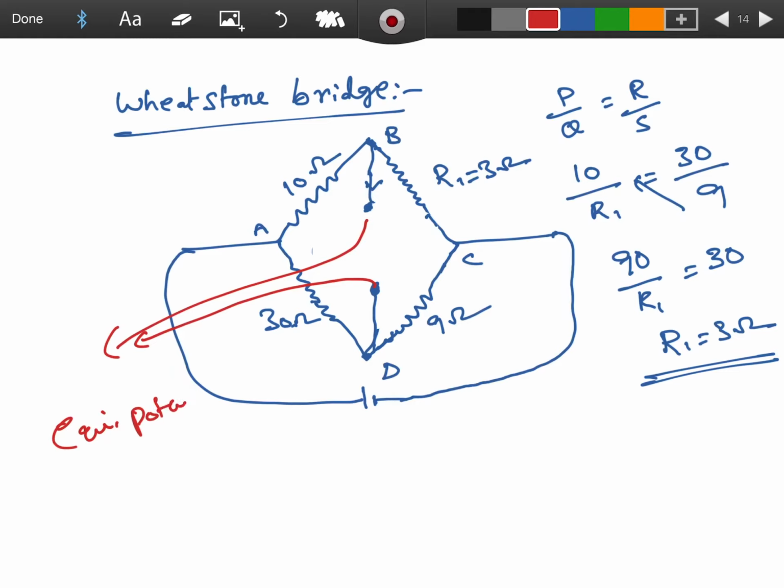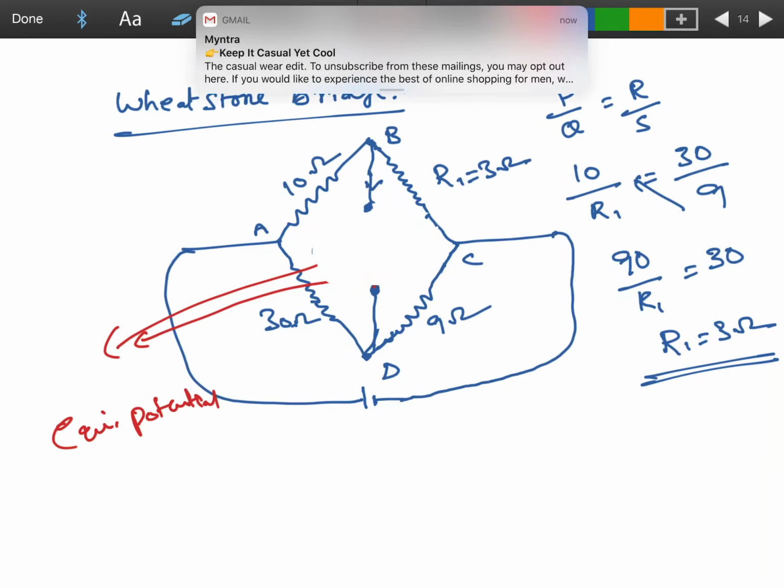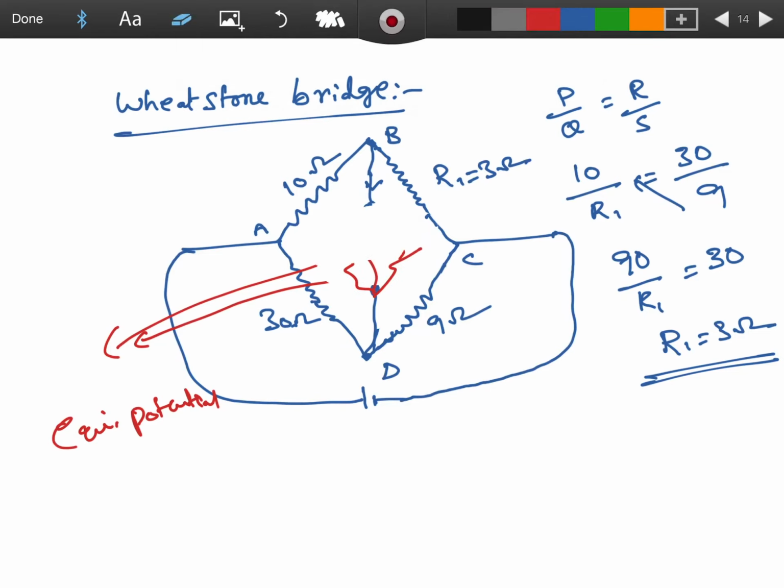Then only when potentials are equal, there is no current in this. Galvanometer current is 0. Bridge is balanced. When this is equipotential point, whatever may be the resistance exist here, whatever it may be, no problem.